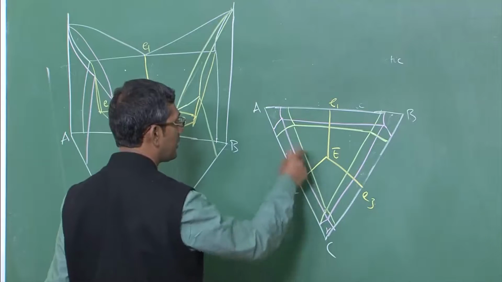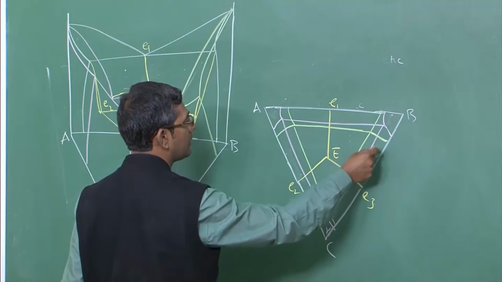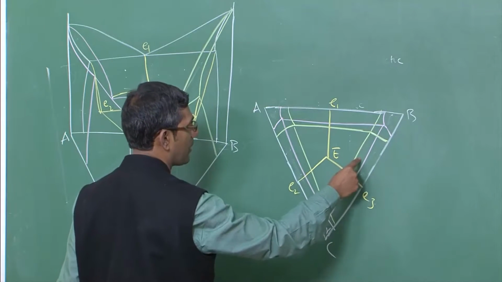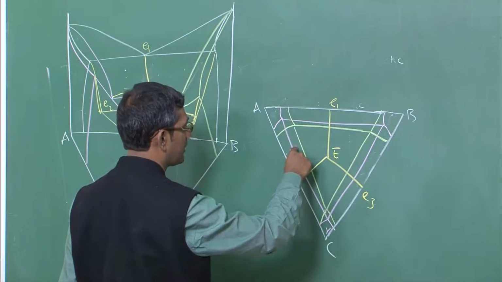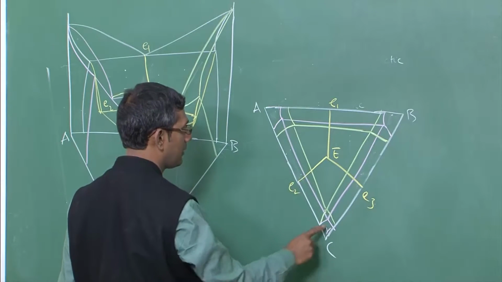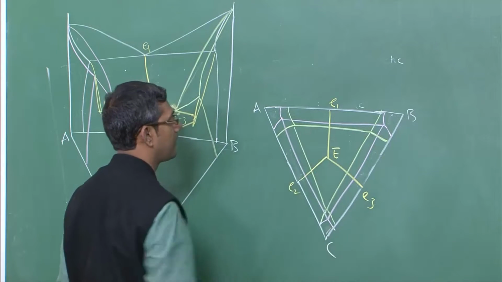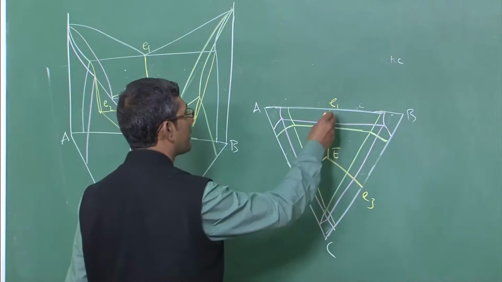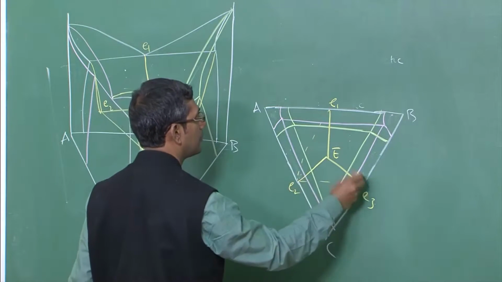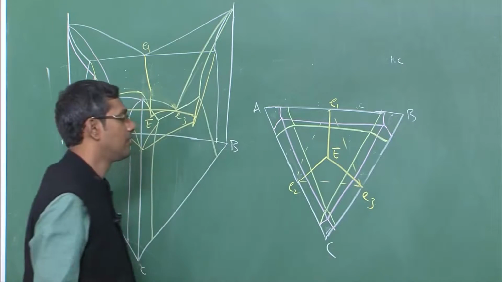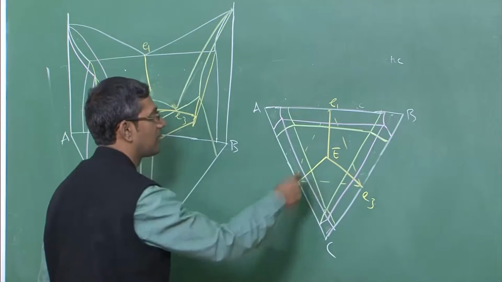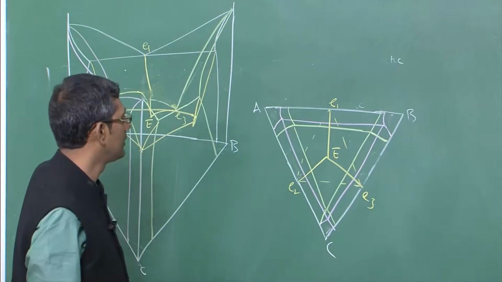These are the 2 phase regions, this is the liquid region, this is basically beta plus gamma, this is beta plus gamma plus liquid, alpha plus beta, alpha plus gamma plus liquid, and this is the 3 phase region. Okay. So, one can draw this triangle to show the 3 points and also the eutectic very clearly.